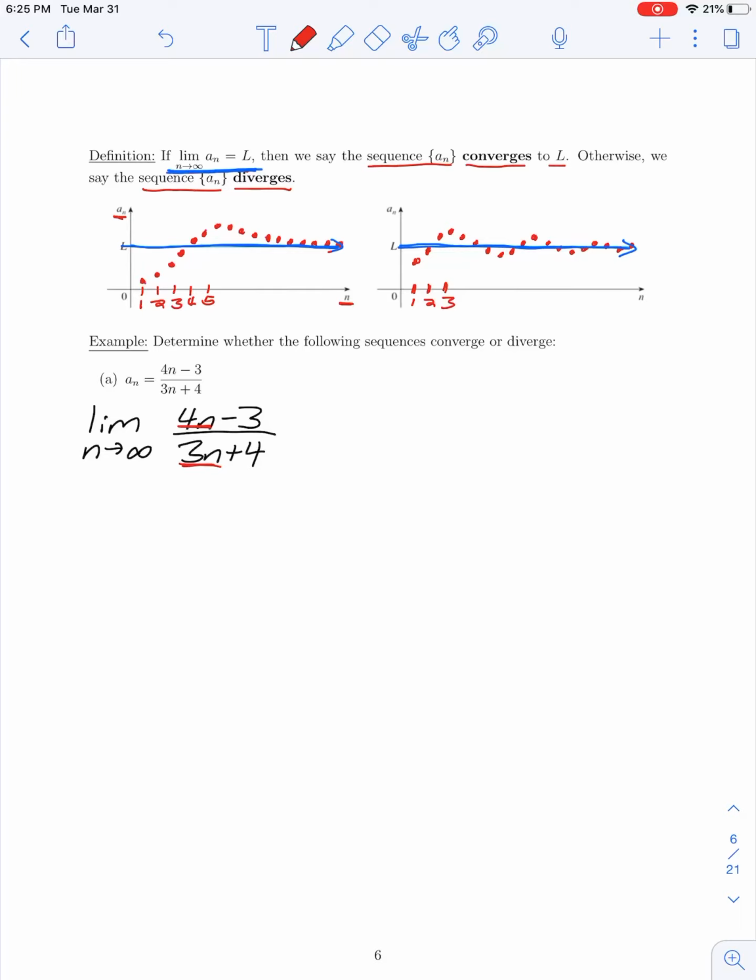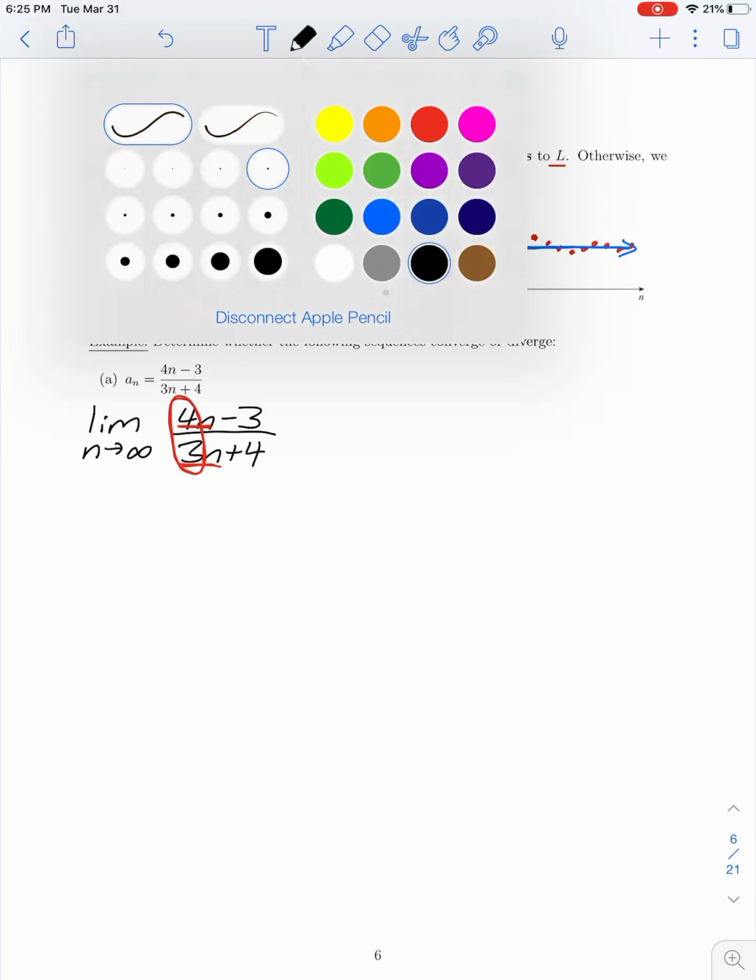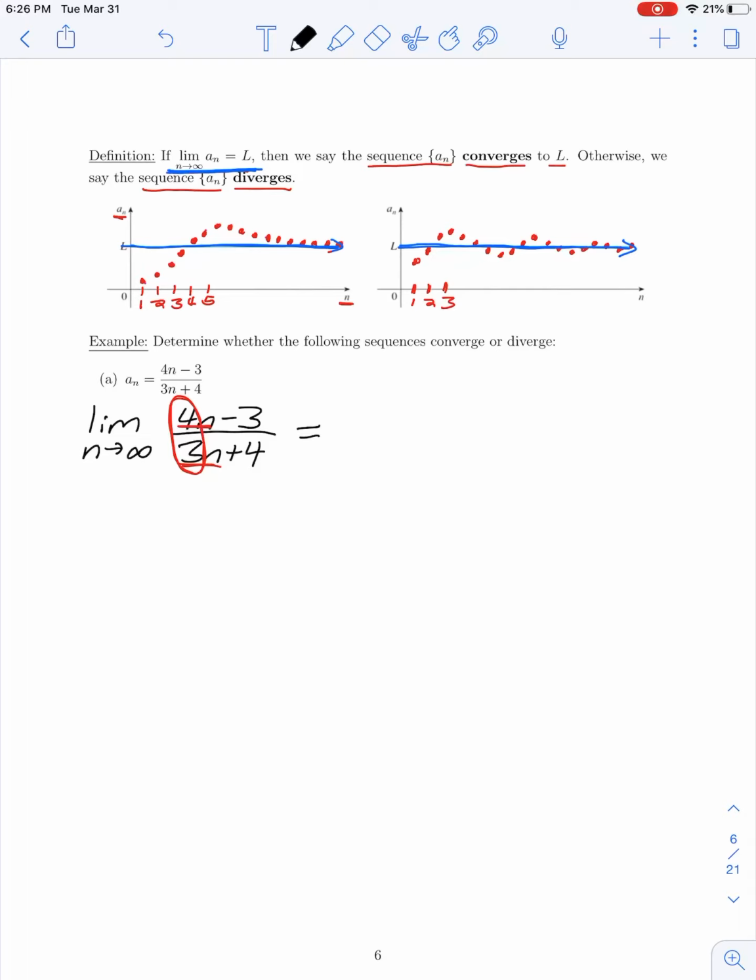And in this case, we see that both the numerator and denominator involve n to the first for the highest power of n. So in the case that your numerator and denominator have the same highest power on top and bottom, then you would look at the ratio of the coefficients for that highest power on top and bottom, and that ratio is your limit. So in this case, we would have a limit of 4/3.